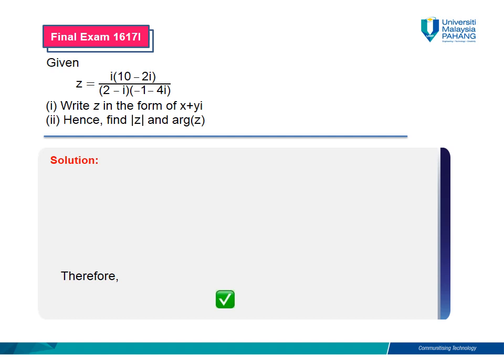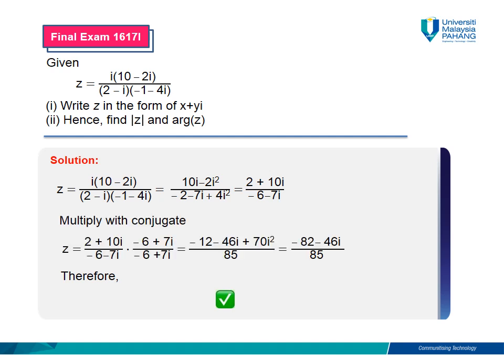So you can try to do all of these exercises, and after this I will give you some more examples or exercises to do, and after that you can discuss with your lecturer. Okay, so this is the solution for the first one. Okay, the second one you do it on your own.